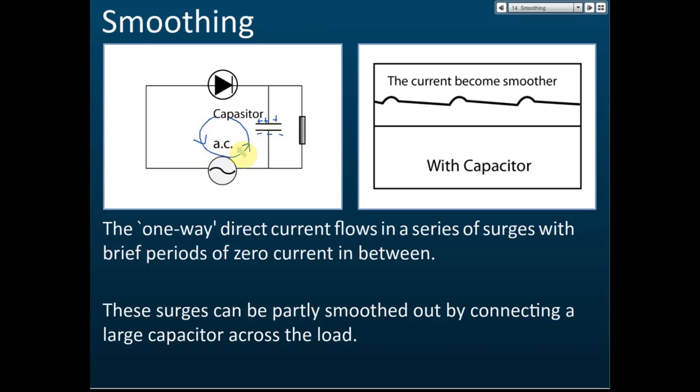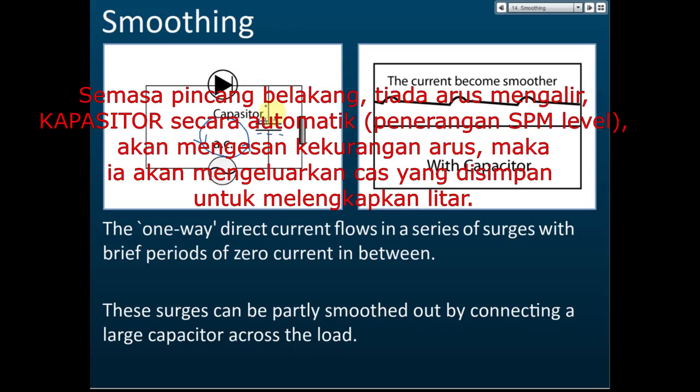But we know that this can't happen, because in reverse bias, current cannot flow. But just now we already stored some charge in the capacitor, right? Now this capacitor will release the charge.